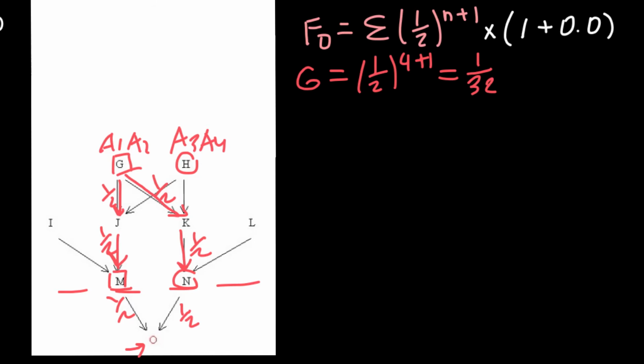And as for the second parent, H, we also have 1, 2, 3, 4 passes. So H would equal 1/2 to the power of 4 plus 1, which also equals 1/32.